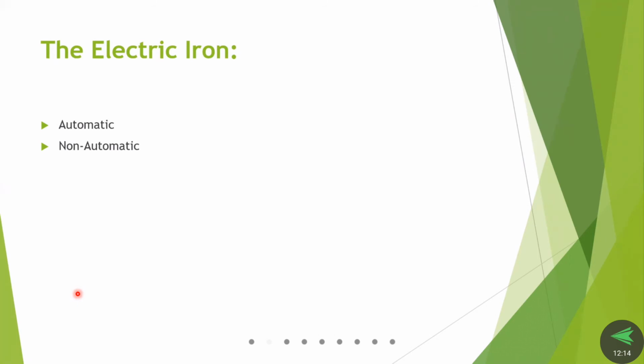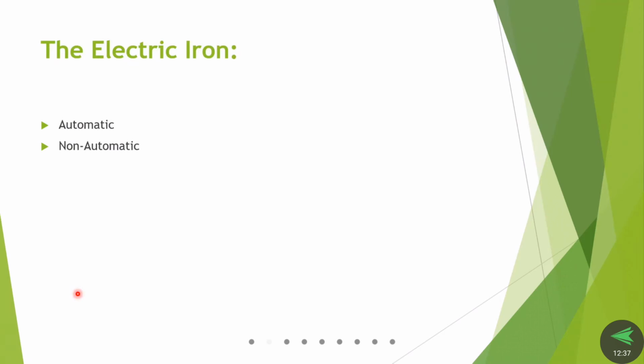Right? So what is the major advantage? It can be varied for different clothes. We wear different types of clothes, so when we want to iron them, different temperatures will be needed. For example, nylon requires very little temperature, right? Resin also requires very little temperature.